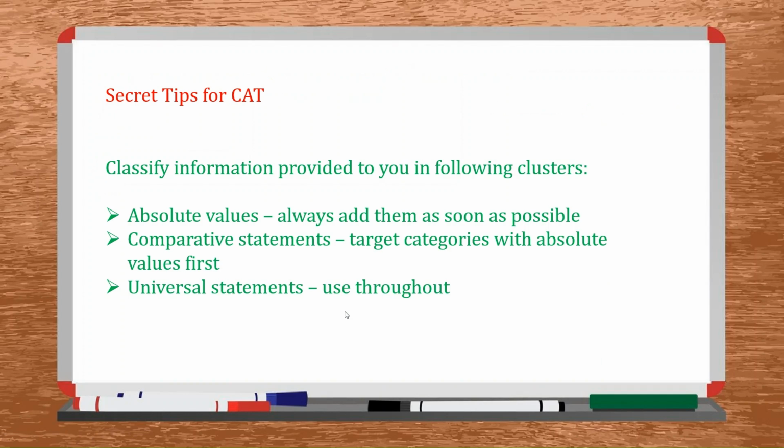Then we have the comparative statements. Always target the categories in which you have already filled the absolute values first. Look for those comparative statements first to be analyzed. And third, we have the universal statements, which you need to remember always so that those particular statements are not breached as you are solving the problem.